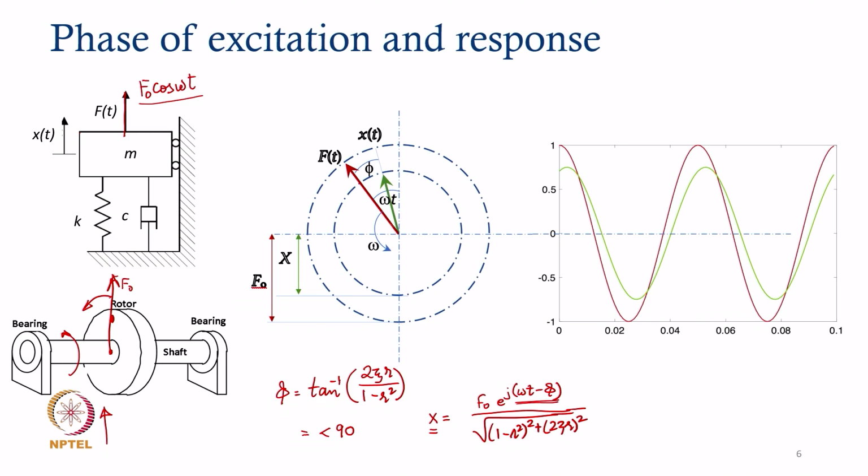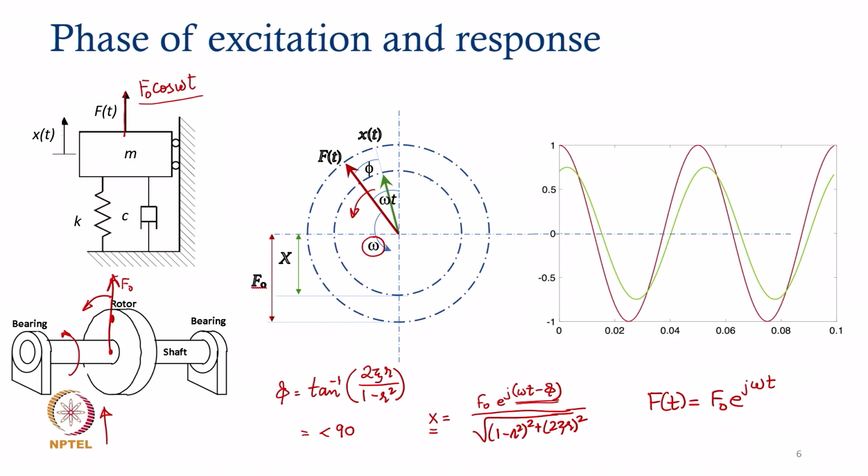So, if you show this force as a vector rotating with a frequency of omega, that is what will happen if f is represented as f e to the power j omega t. Because if you remember, we started with the assumption that the force has constant amplitude f naught and fluctuates with frequency omega.